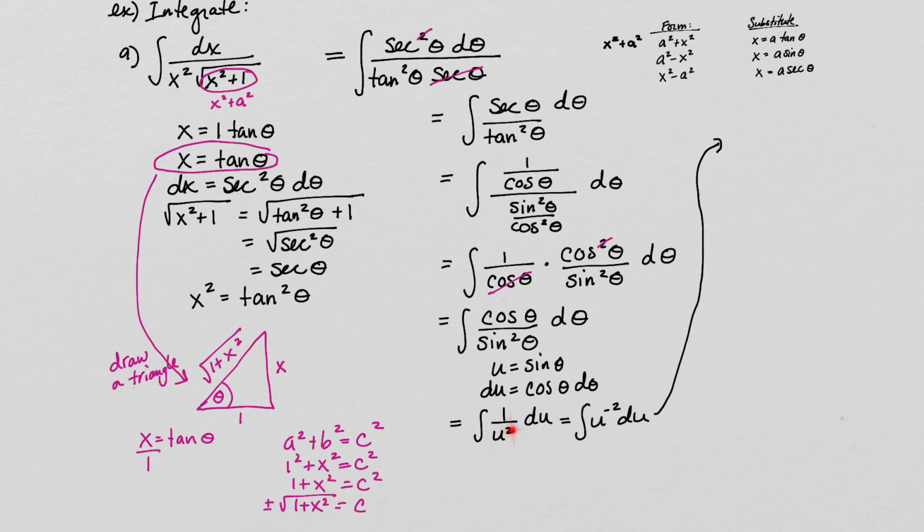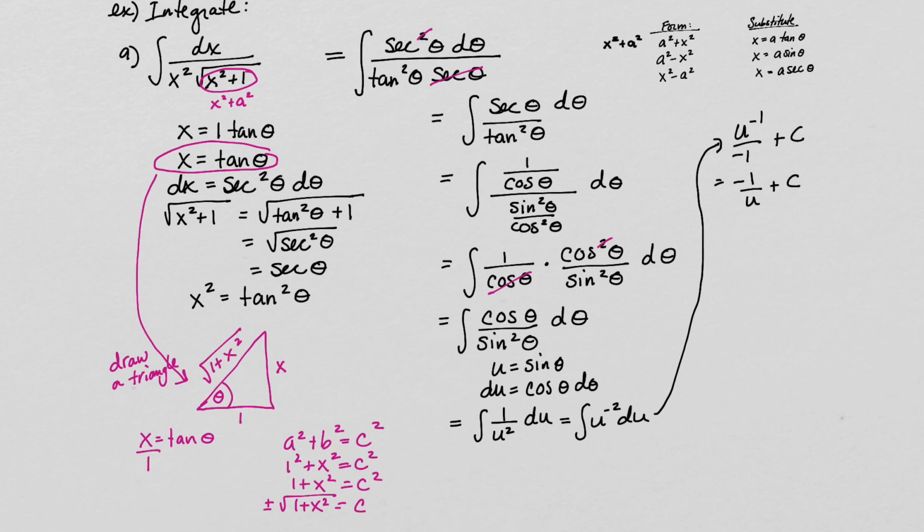Anytime you have a power that's not 1, it's not a natural log anymore. You have to rewrite it this way and then just add 1 to the power and divide by the new power. It's only 1 over u, or 1 over just one single x, or 1 over one single y, that gives the natural logs. So this is going to become u to the negative 1 over negative 1 plus c. Or I could write this as minus 1 over u plus c.